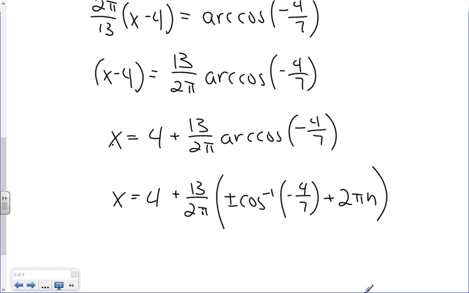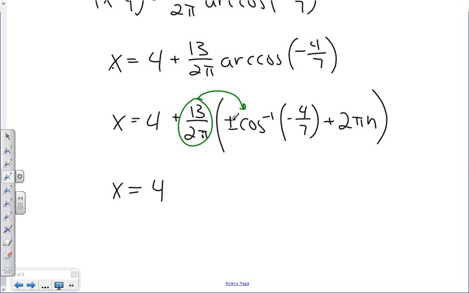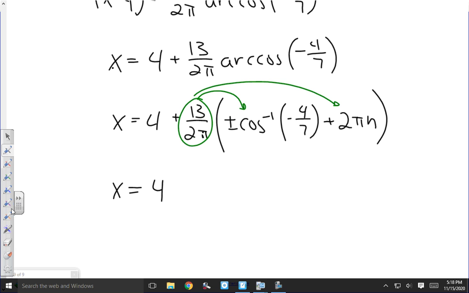All right, let's go ahead and simplify this a little bit. I'm going to take the 13 over 2 pi and distribute it through the parentheses. I'm going to distribute it to this first term, and to that second term as well. Now the plus or minus that shows up in front of that first term, I'm going to write out front.